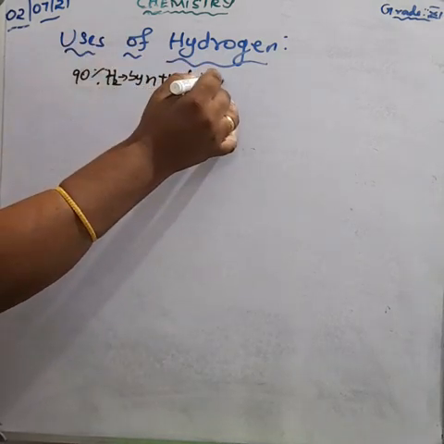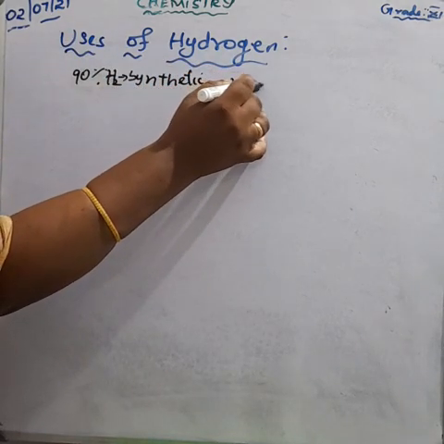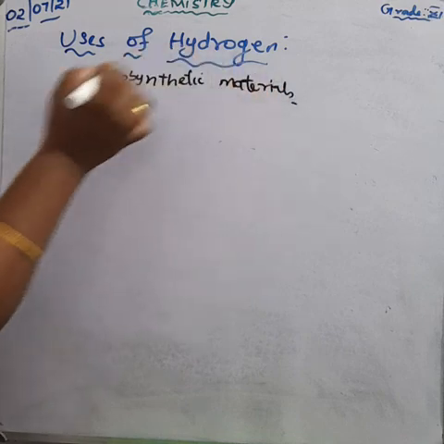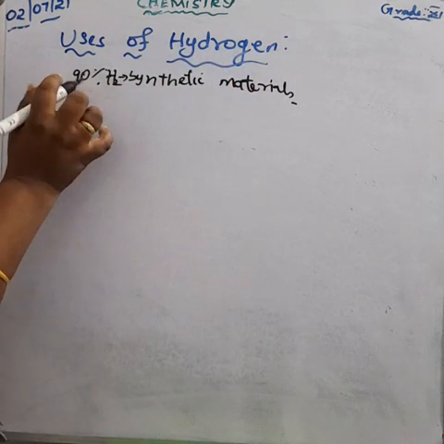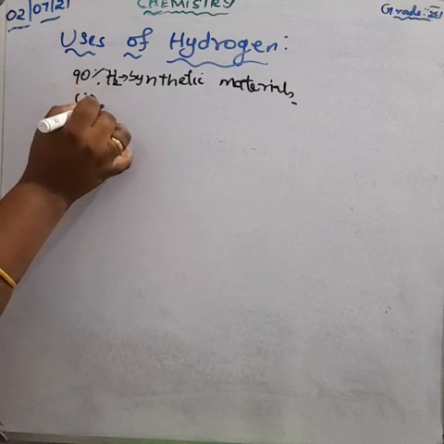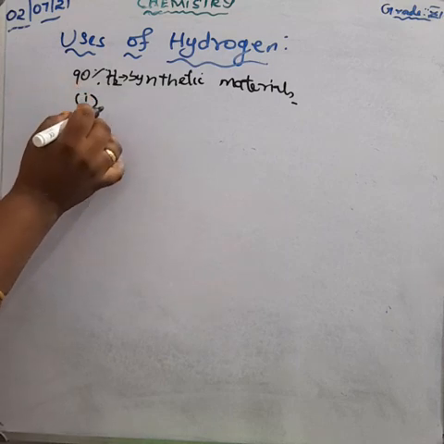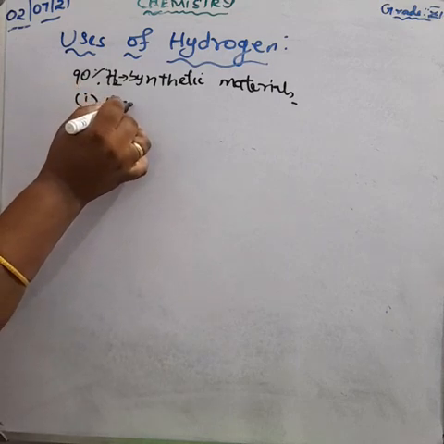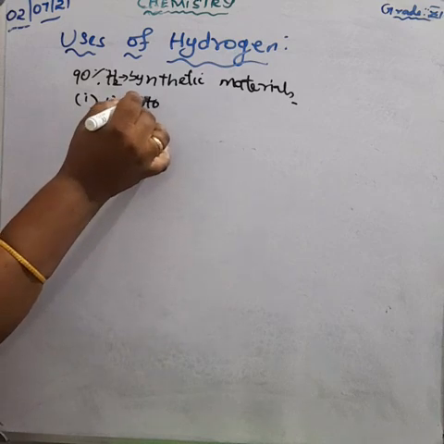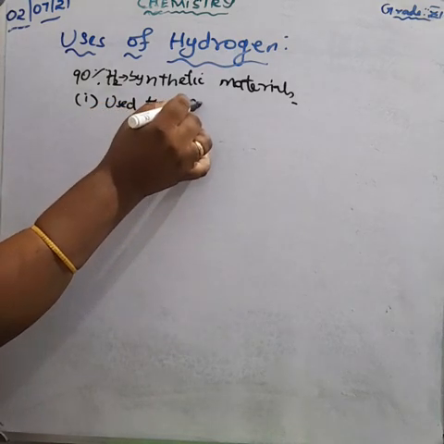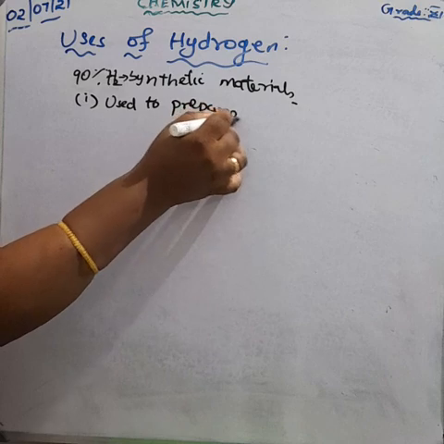reagents. One such process is the Haber process, which is used to synthesize ammonia on a large scale by using hydrogen. What is the purpose of preparing ammonia? Ammonia is one of the important chemicals.